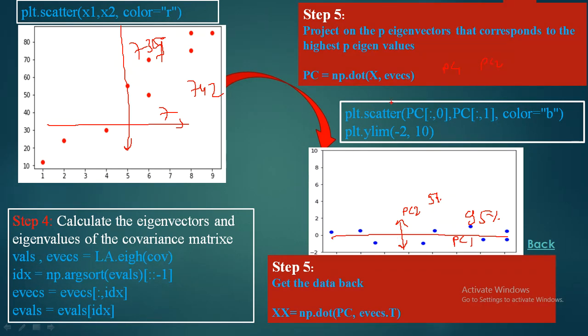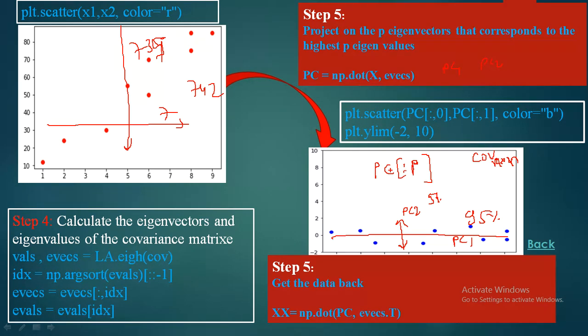Second thing, after having principal components, it is up to you to choose P. For example here the covariance matrix is 2 by 2, but if the covariance matrix is n by n, maybe a large number, let us say 1000, then you have to decide what the value of P should be.